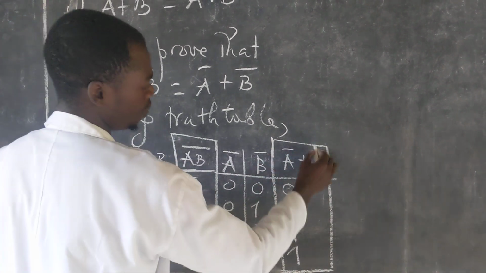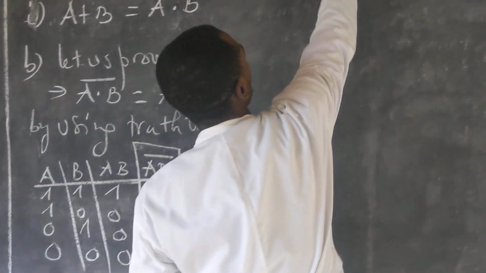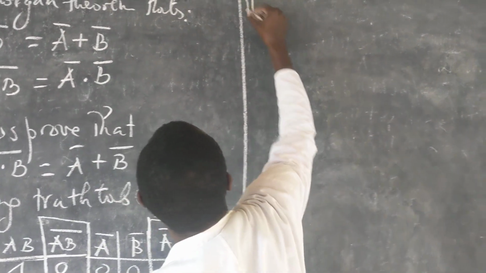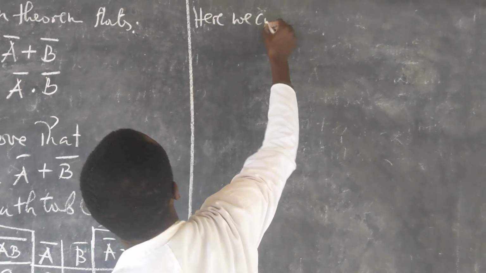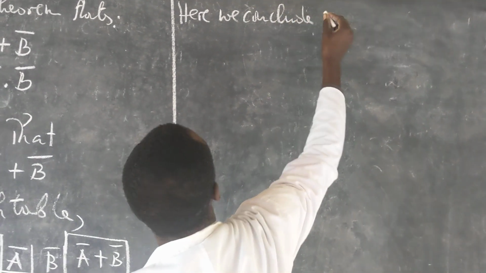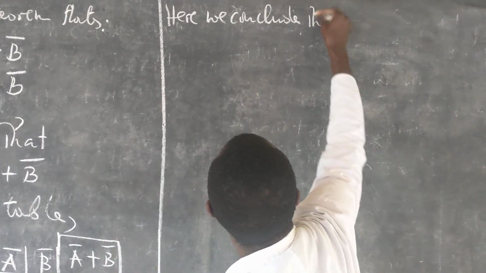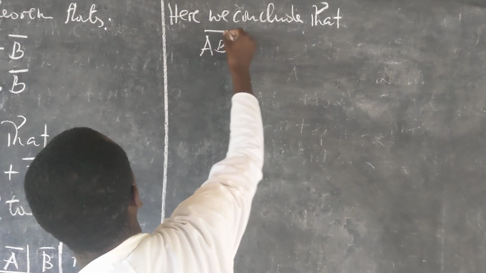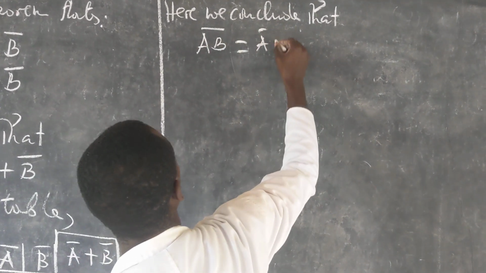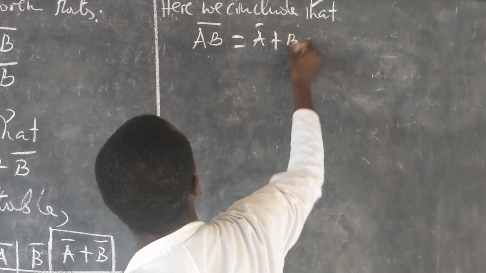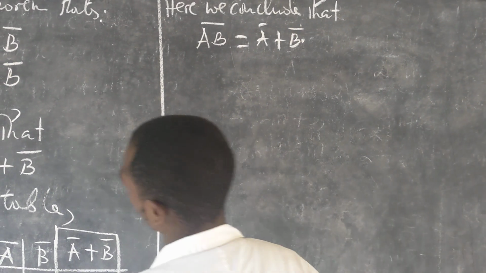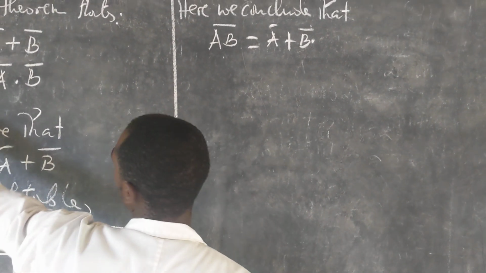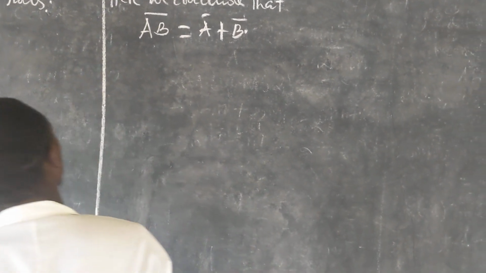So this is clear. So now, here we conclude that A and B negation is equal to A negation plus B negation. So this is for this one. So let us verify whether this one is equivalent to this one.